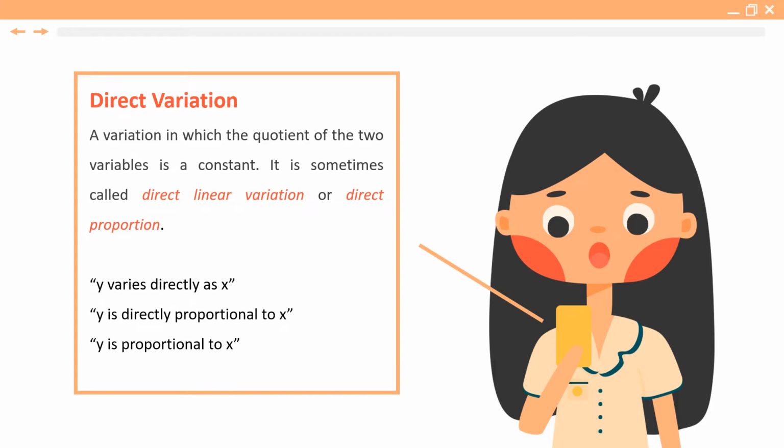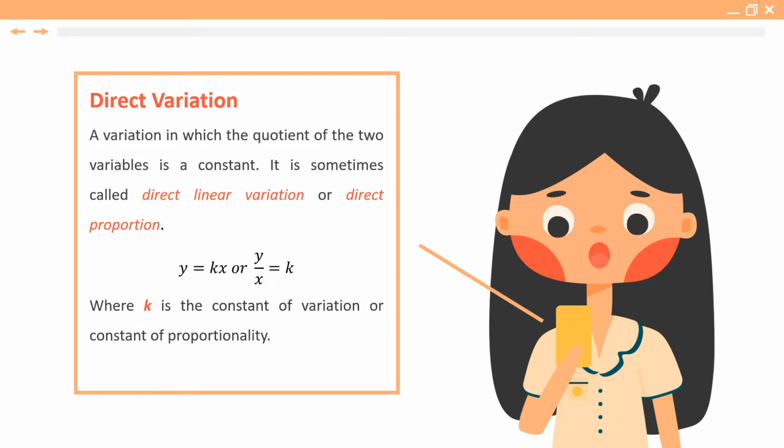So these are the possible examples of how a direct variation is read. y varies directly as x, y is directly proportional to x, y is proportional to x. So it can be written as y is equal to kx, or y over x is equal to k, wherein k is the constant of variation or the constant of proportionality.